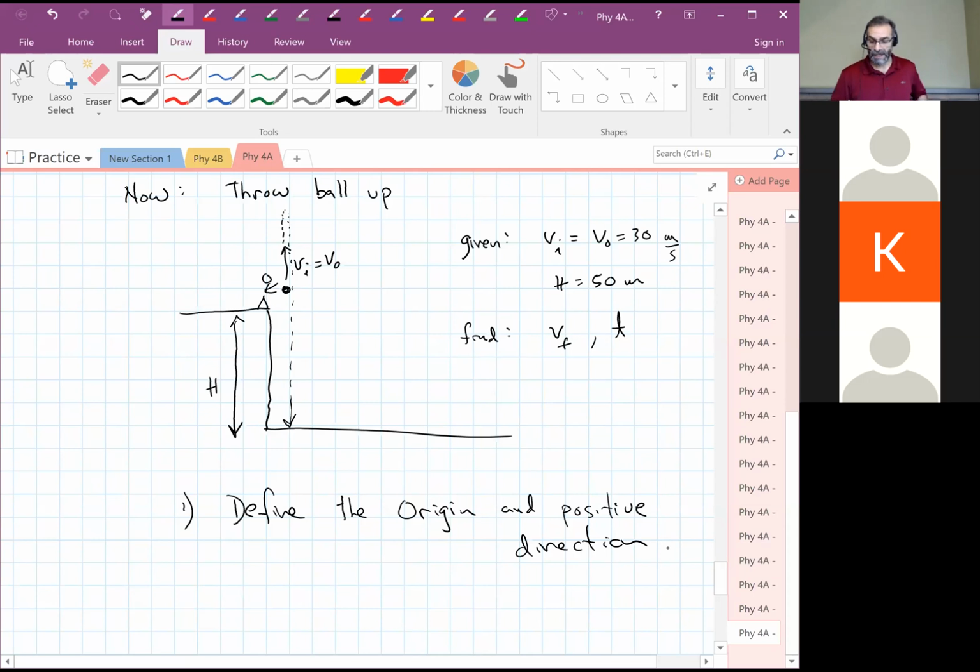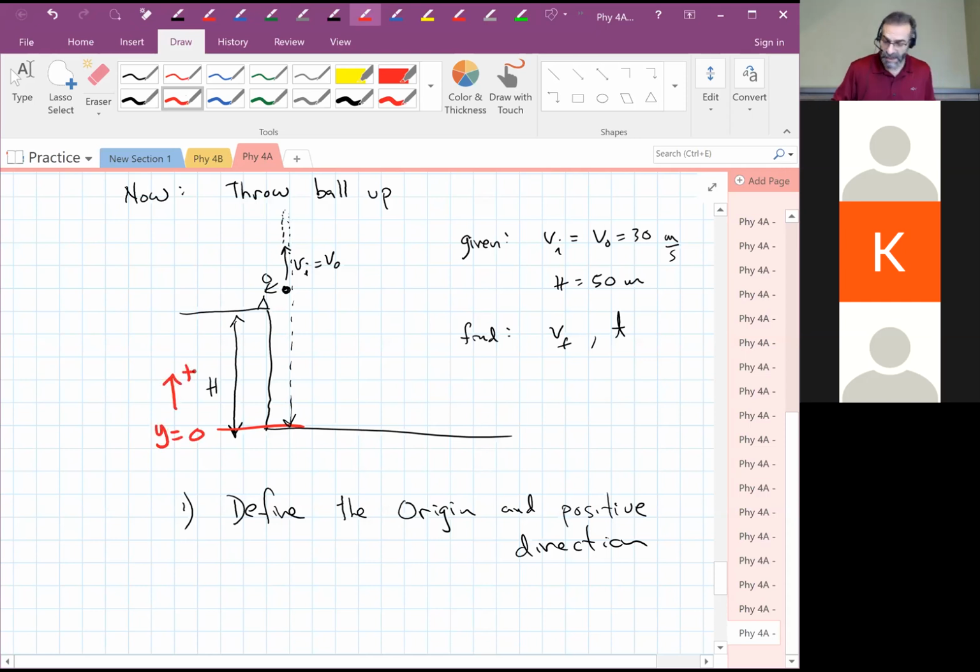Define the origin and positive direction. Absolutely. So just for the sake of simplicity, why don't we pick the same ones? Most students like the lowest point in the problem to be y equals 0 and up to be positive.